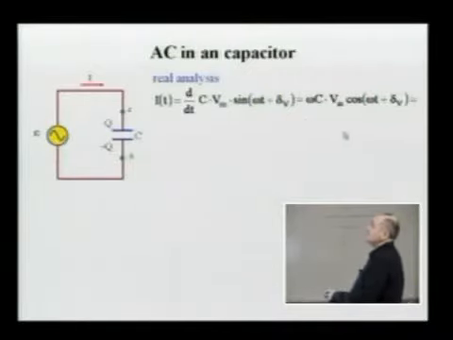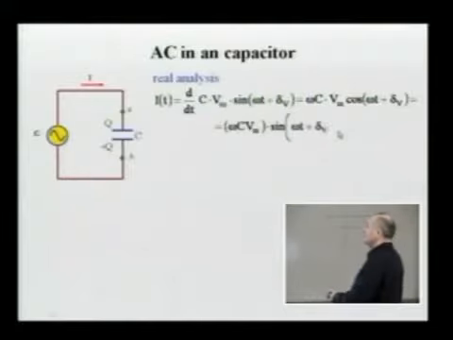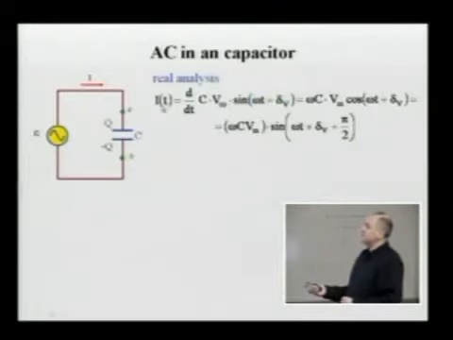Well, cosine function is related to sine function, they are just shifted. So I got this expression now. Current at instant t is equal to this number multiplied by sine of angular frequency plus this number.